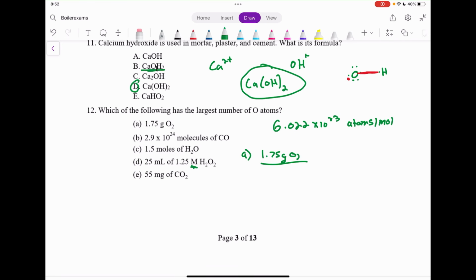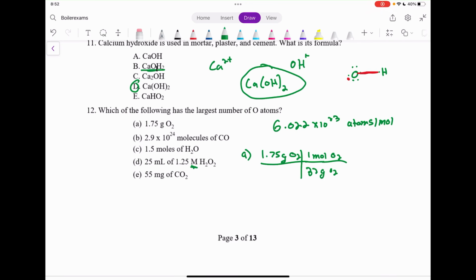This is O2. I'm going to take each one of these numbers and convert it into just straight up oxygen atoms. Let's see here. We want grams. There are about 32 grams of O2 in 1 mole of O2.